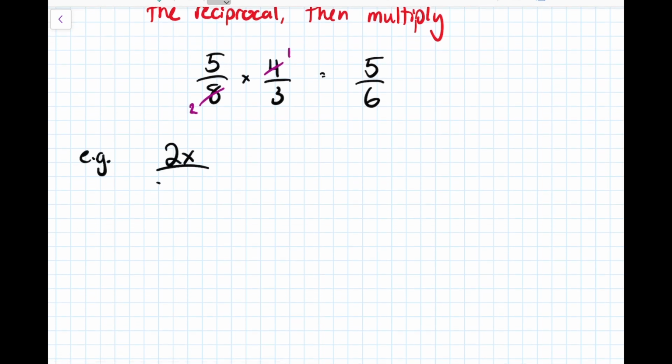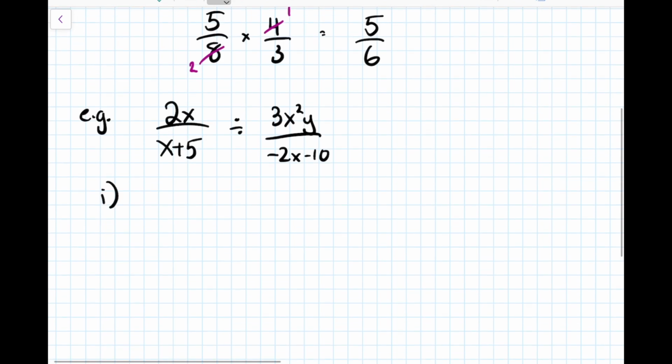Let's say we had 2x over x plus 5 divided by 3x squared y over negative 2x minus 10. So if I want to divide these, we're actually going to start by factoring before we divide, or before we flip even. So we're going to factor as much as possible first, and I'll get into why that's the case later.